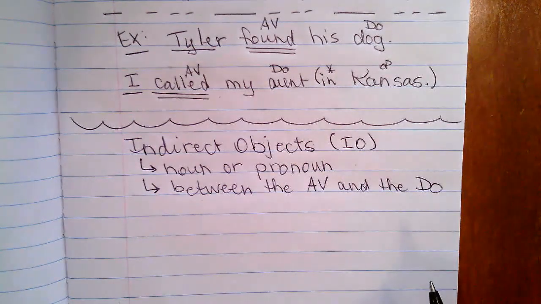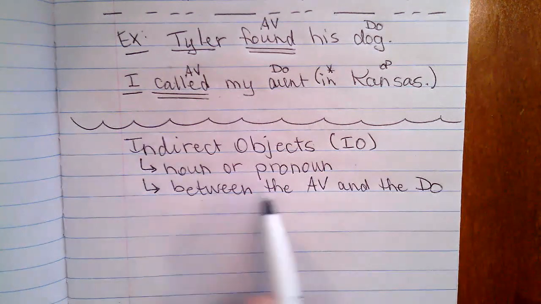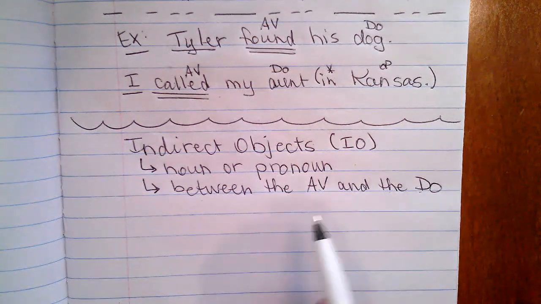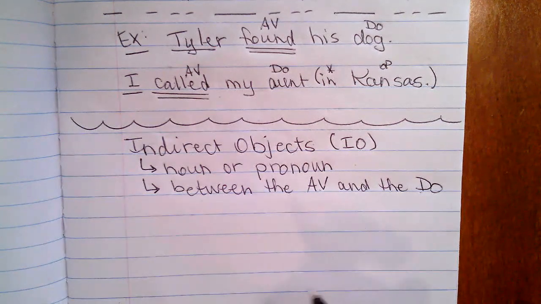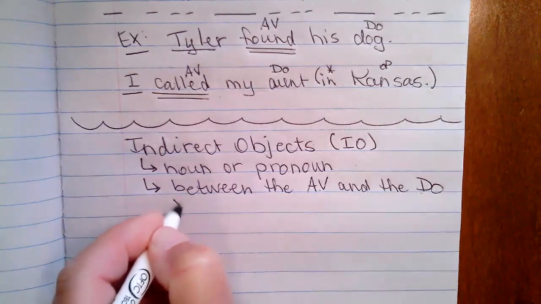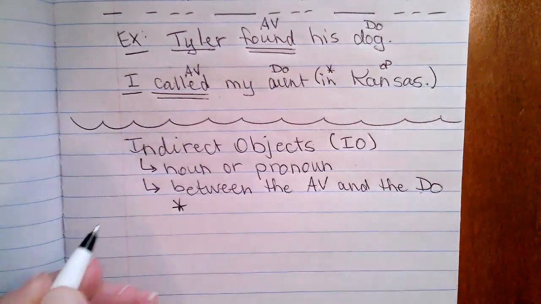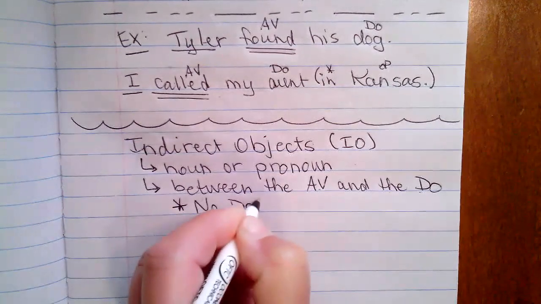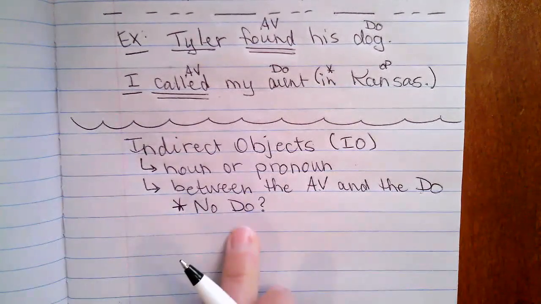So now let's think about this. If it has to be between the action verb and the direct object, what if it's a sentence that doesn't even need a direct object, like Steve and Laura studied? That sentence, remember, did not need a complement at all. So here's a special note. No direct object?